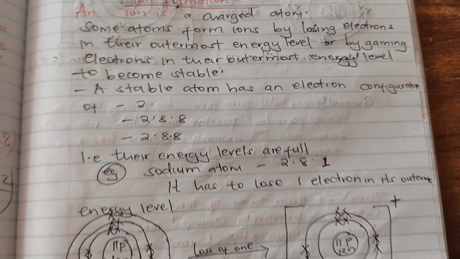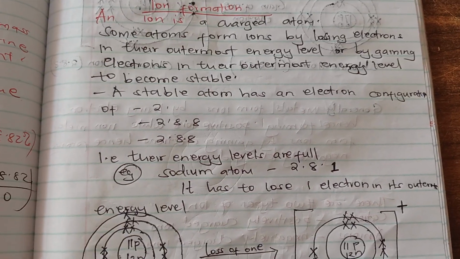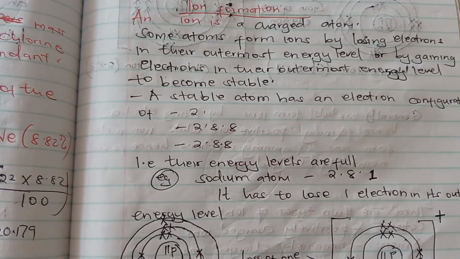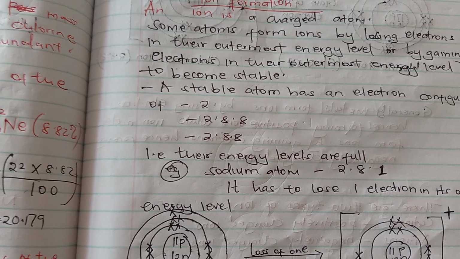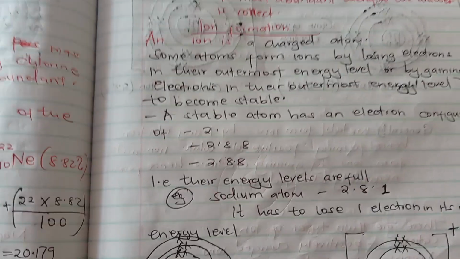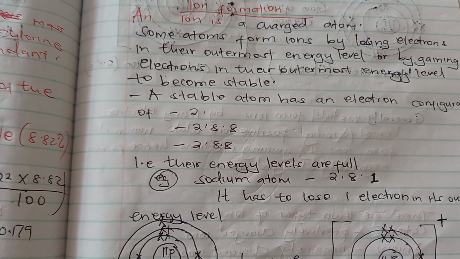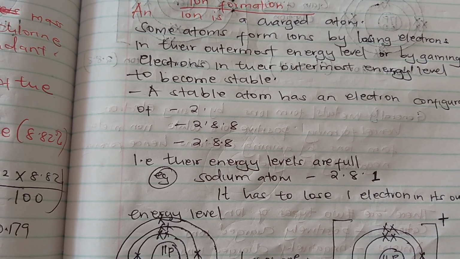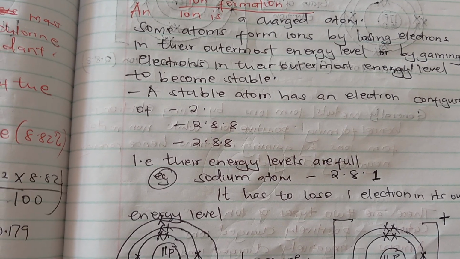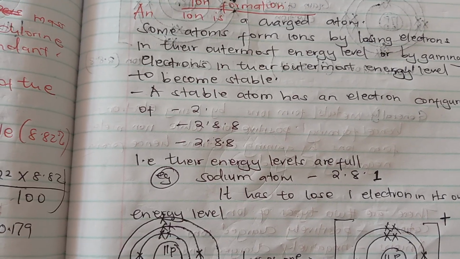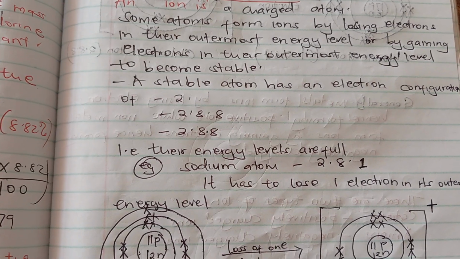Then let's look at ion formation. So we normally say that an ion is a charged atom. That means it is either negatively charged or positively charged. An atom that has either lost an electron or has gained an electron is called an ion. Some atoms gain stability by losing electrons from the outermost energy level, or others gain electrons in the outermost energy level so that they can achieve a stable electron configuration.